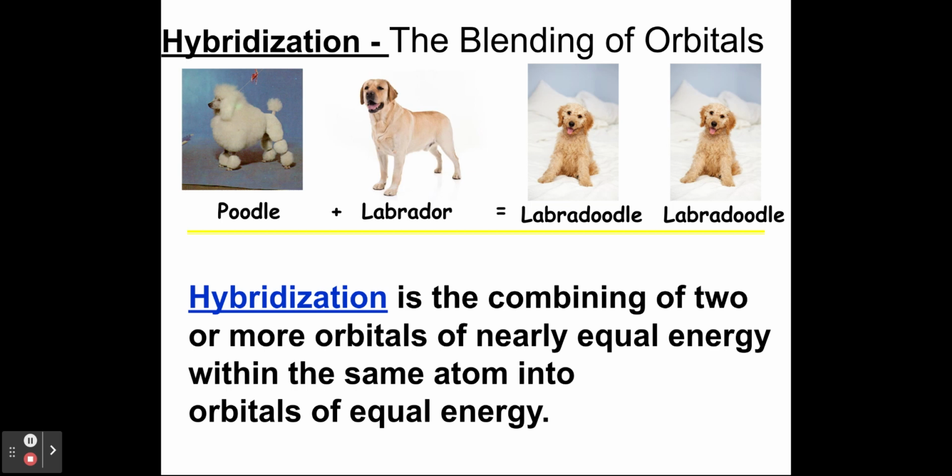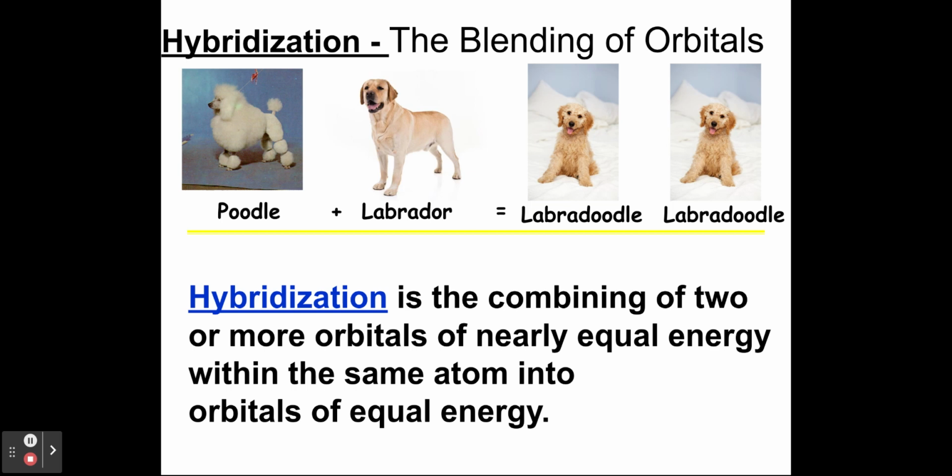When we're talking about hybridization of orbitals, this is where we're going to be combining two or more different orbitals that have similar energy, and you're going to get from those orbitals equal energy orbitals that are a mixture of both.